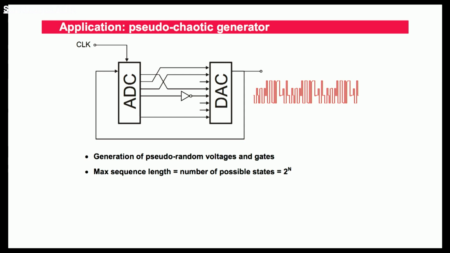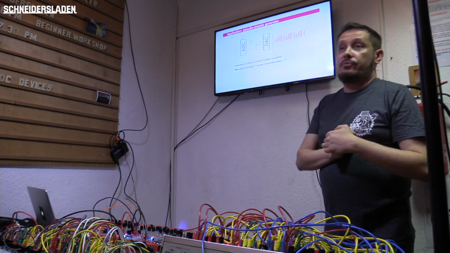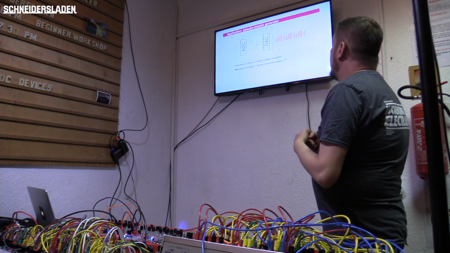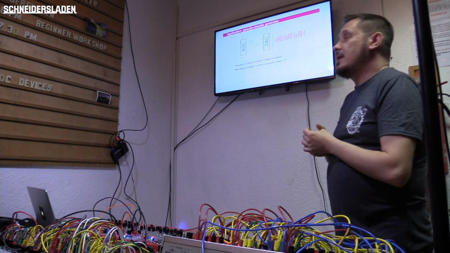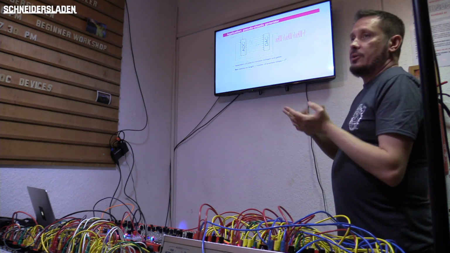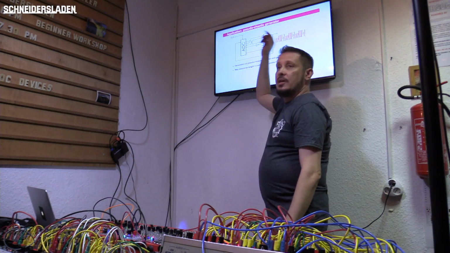And finally, you can introduce an analog feedback between the output of the DAC to the input of the ADC and produce a chaotic device that is capable of generating very interesting sequences of voltages, which can be modified or altered by changing the mapping between those bits.